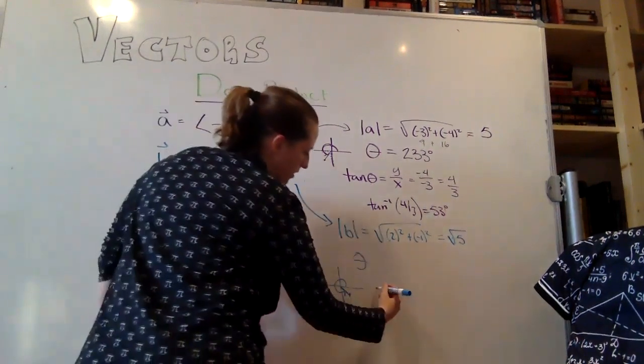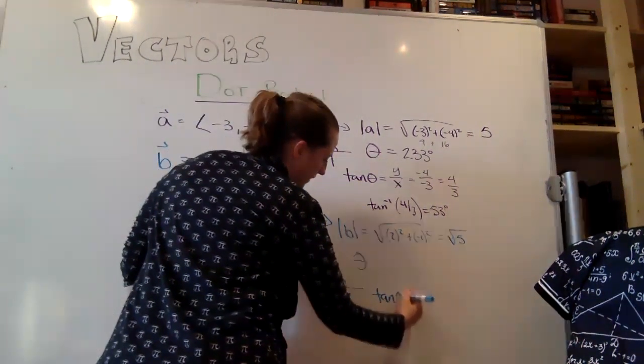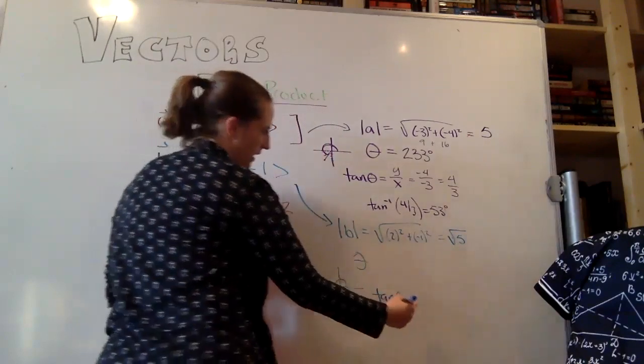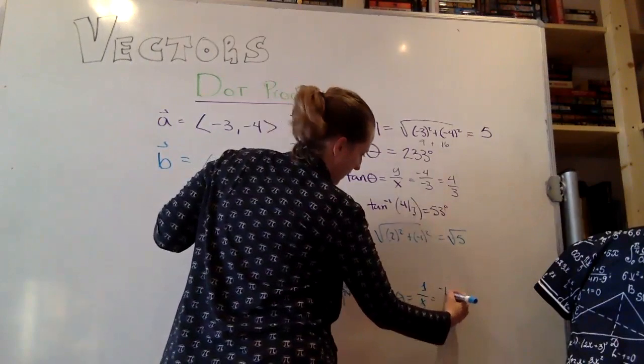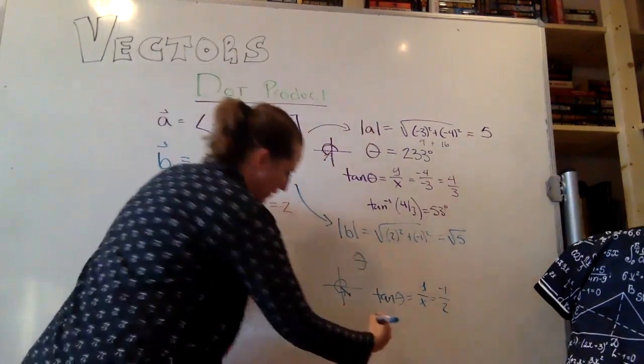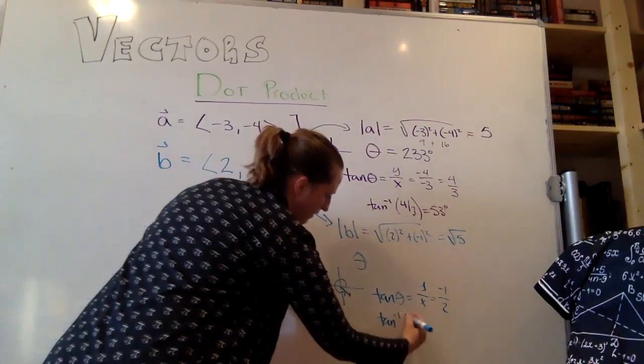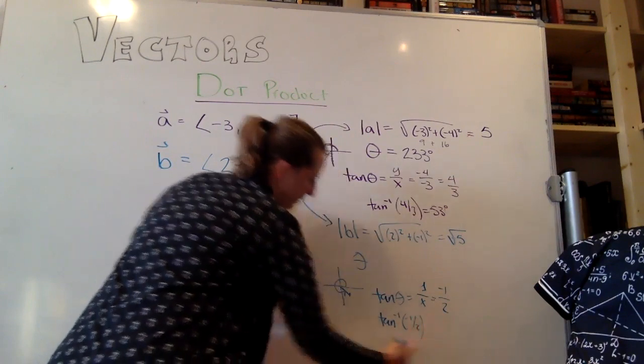Okay. Now our direction angle, we can think of as tangent theta equals y over x, or in this case, -1/2. So I'm going to use my calculator to do the inverse tangent of -1/2 and see what we get.